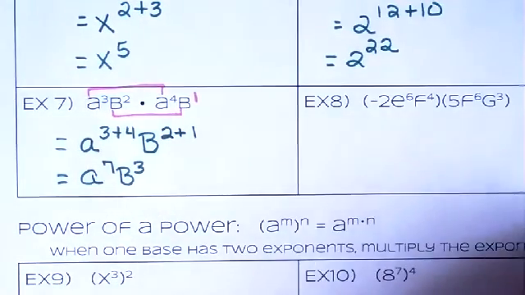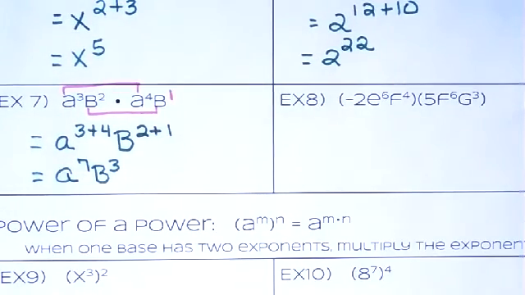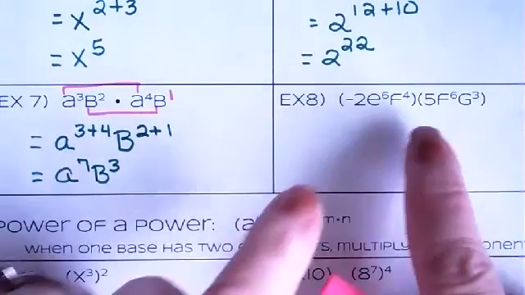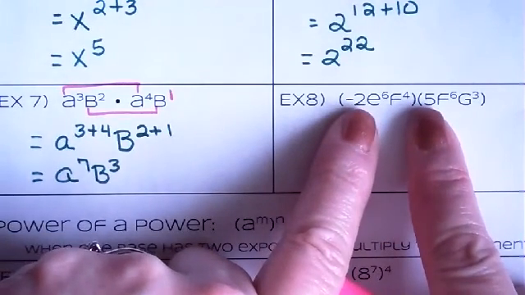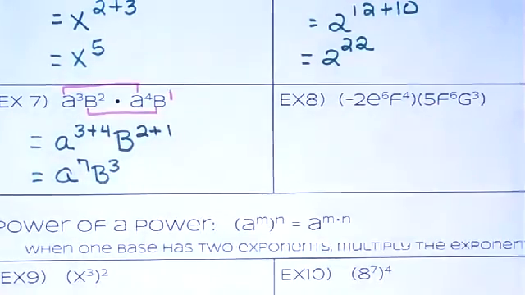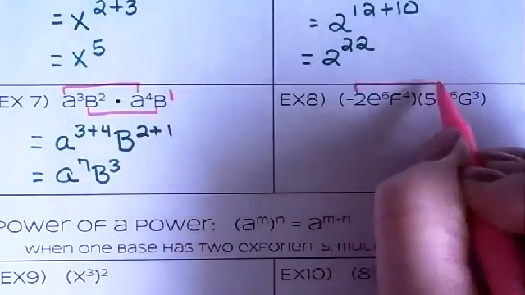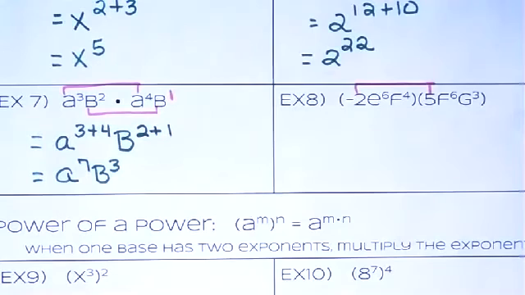Okay. Now, just getting a little bit step up on this number 8. In number 8, we notice we have coefficients this time. I've added in the coefficients of -2 and +5. Let's talk about the -2 and the +5 first. Those are not exponents.